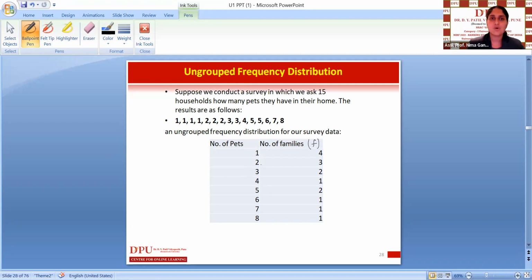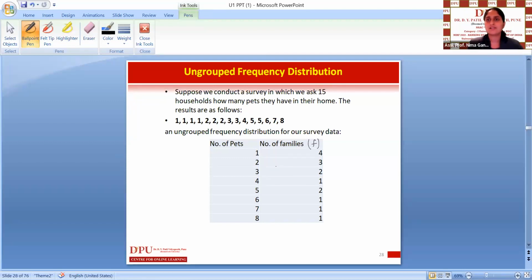There are 4 houses that answered they have 1 pet. There are 3 houses with 2 pets, 2 houses with 3 pets, 1 house with 4 pets, 2 houses with 5 pets, and the number of houses with 6, 7 or 8 pets is just 1 each.